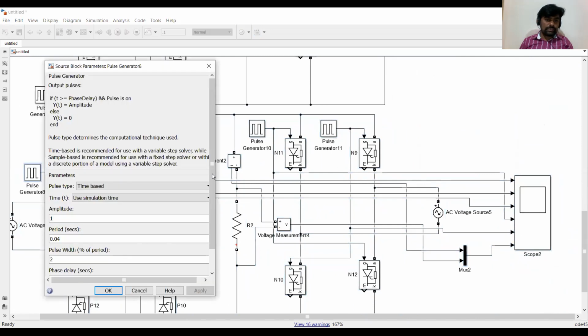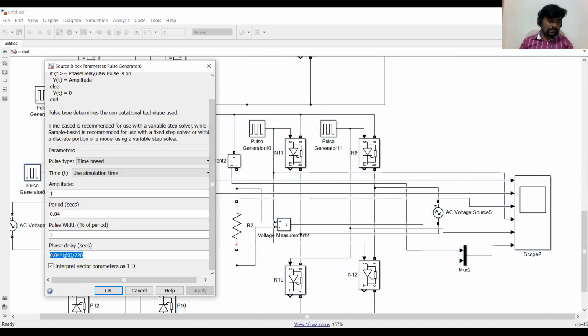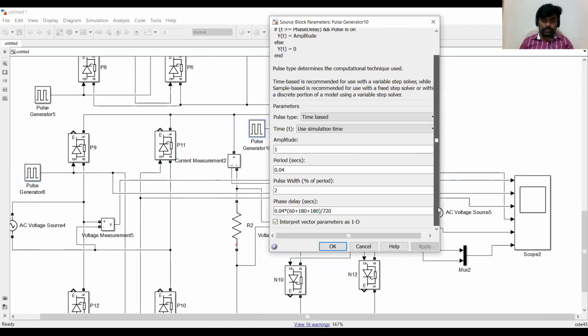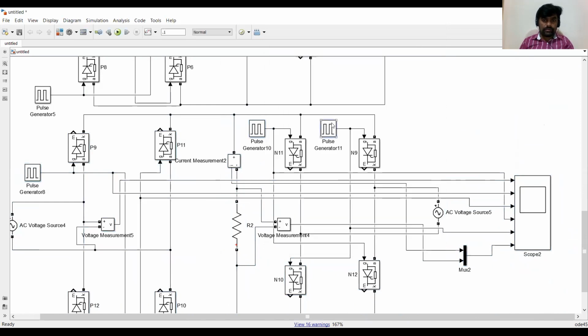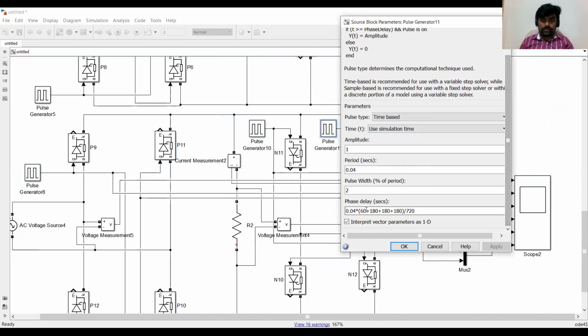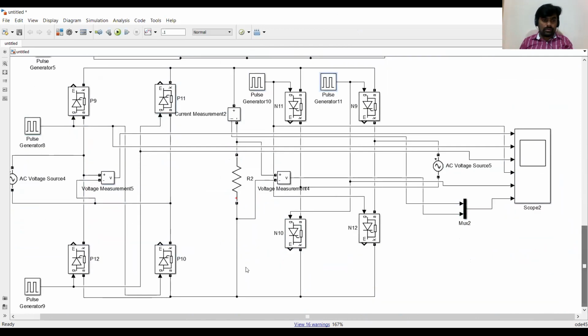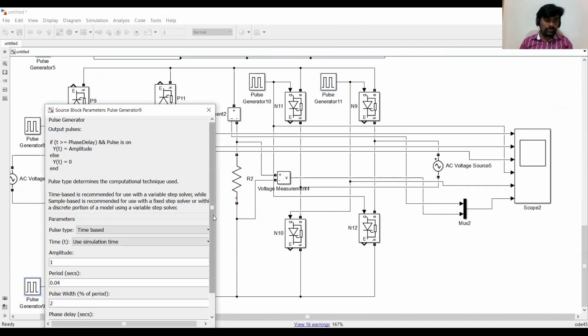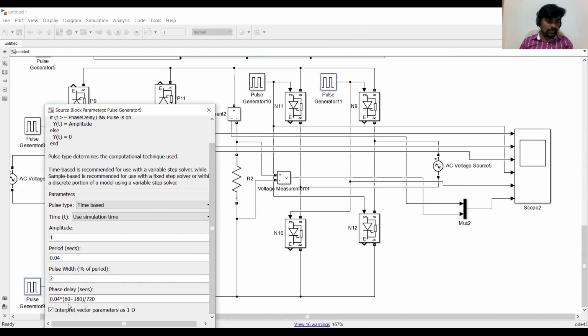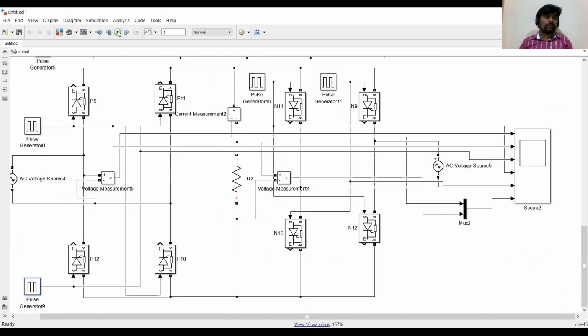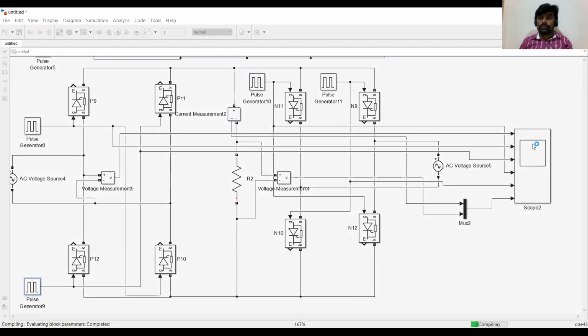Now instead of 60, I will replace the 60 with 90 degrees. Similarly, at this particular point, replace 60 with 90. Replace 60 with 90. And here also, replace 60 with 90, which will give the result at alpha equal to 90 degrees.